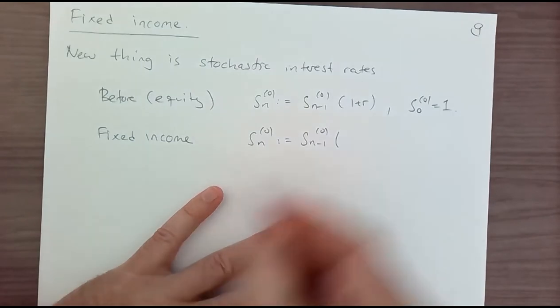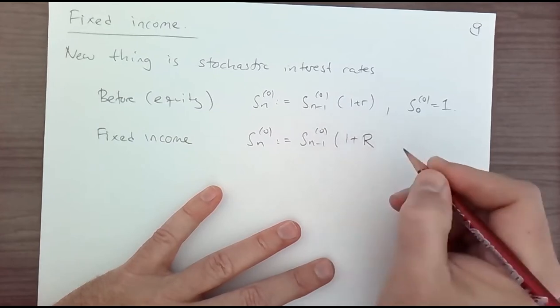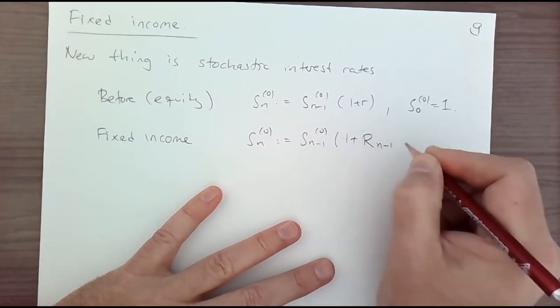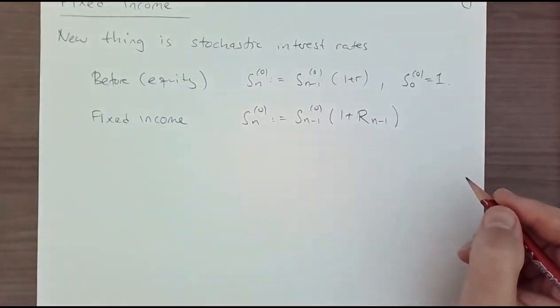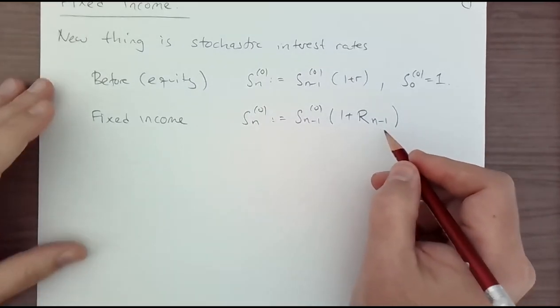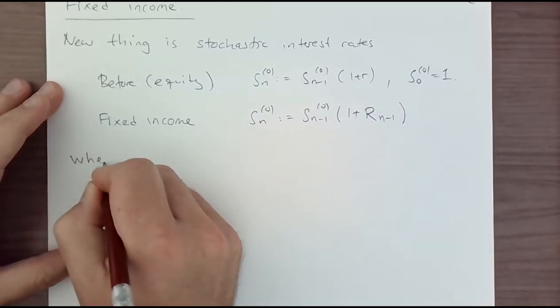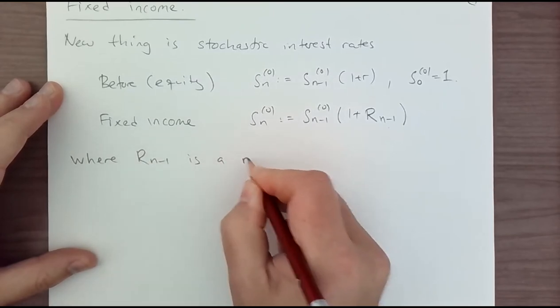Now the recursive structure is going to be 1 plus, and then this R here is going to become capital R, and then it's going to be R capital N minus 1. And this thing here is now random, where R N minus 1 is a random variable.